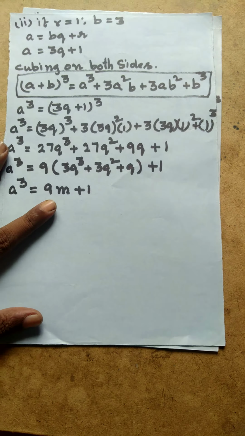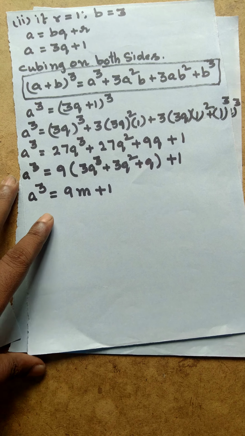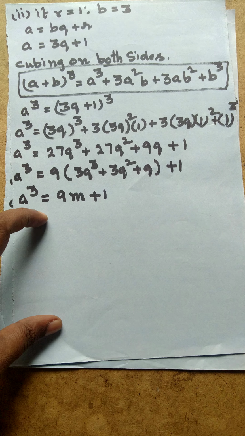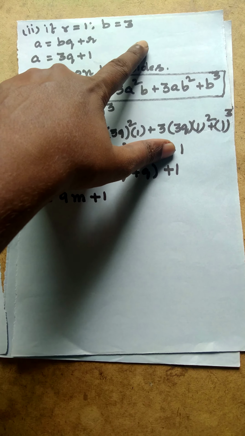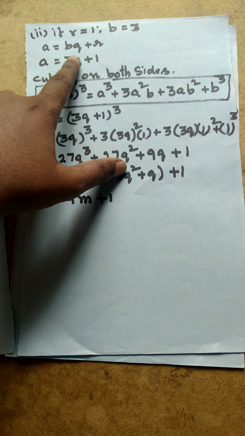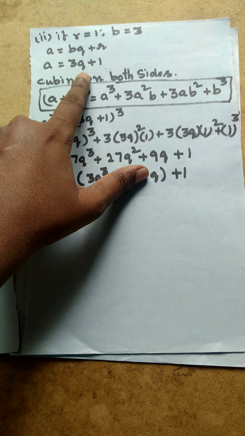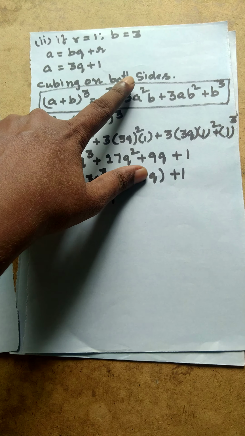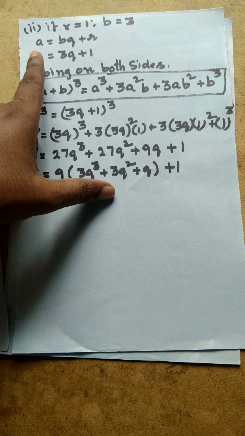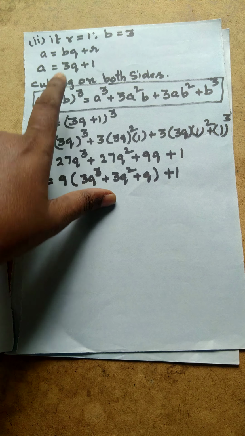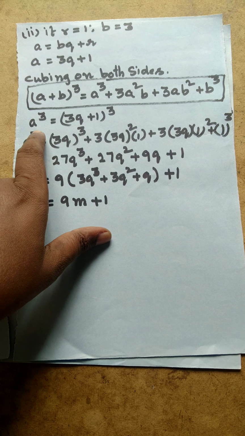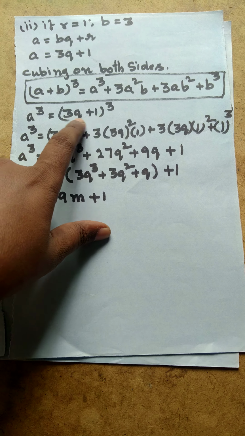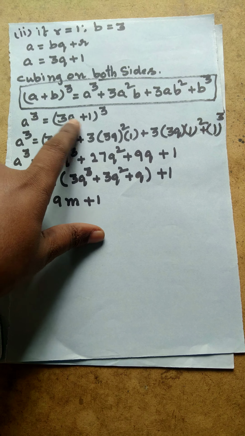Next is case 2. If r equal to 1 and b equal to 3, then a equal to bq plus r, so a equal to 3q plus 1. Cubing on both sides, a cube equal to 3q plus 1 whole cube. It is in the form of a plus b whole cube.